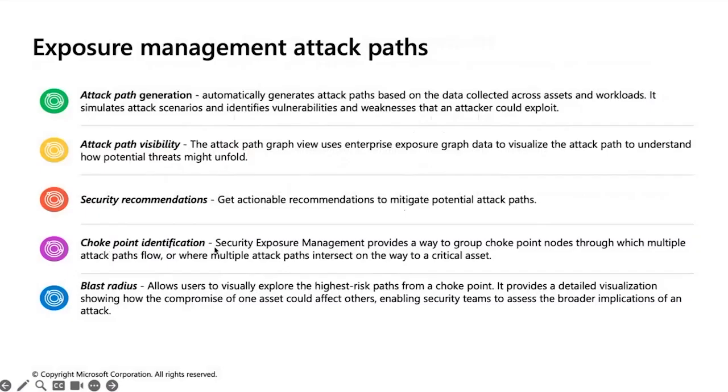Also, we can see choke point identification. This gives you information about what choke point nodes we have that can lead to multiple attack path flows. Maybe any critical asset that is a central point, from where multiple attack paths are interconnected. So that choke point, that important critical asset, we have to look into.